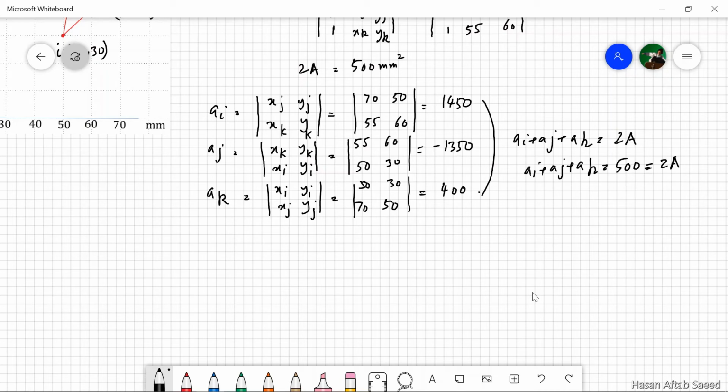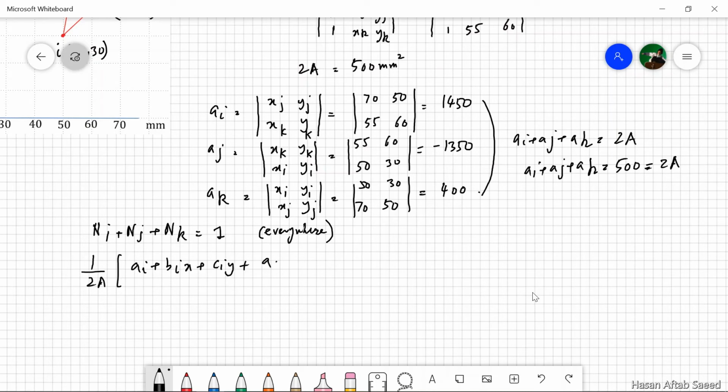Why AI plus AJ plus AK should become 2A is because recall that NI plus NJ plus NK, we discussed this, this was property number 3, is equal to 1 everywhere. Now if we put in the general expressions for Ni, Nj and Nk, we get something like AI plus BIx plus CIy plus AJ plus BJx plus CJy plus AK plus BKx plus CKy.